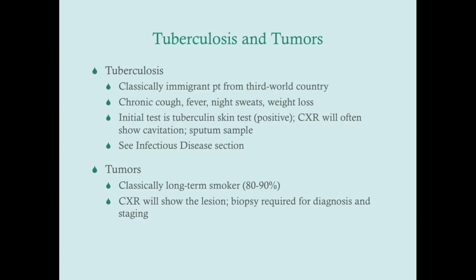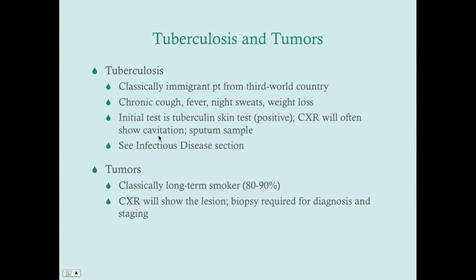If the patient has a negative sputum sample, but they still have the cavitation on the chest x-ray, then they are considered to have latent tuberculosis, and then you're going to treat them with 9 months of isoniazid. I talk about this more at length in the infectious disease section.